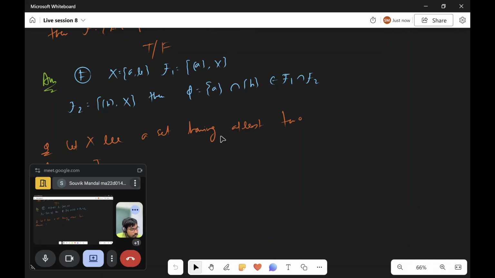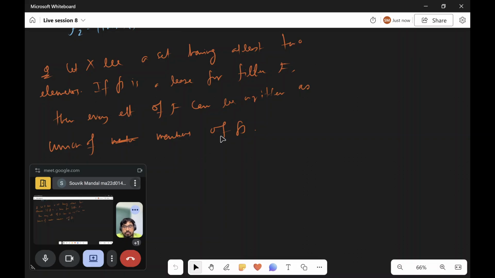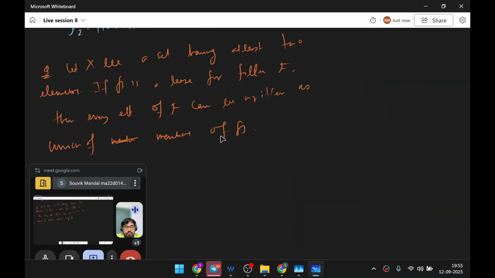Now if B is a base for a filter F, then every element of F can be written as a union of members of B. Show that every element of the filter is a union of members of B. One might guess that is true, but indeed that is not true.